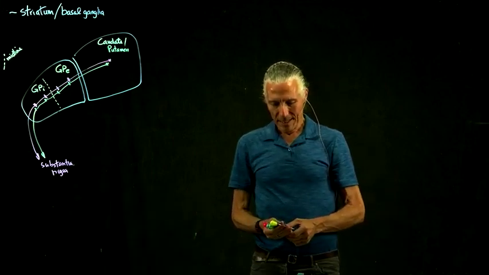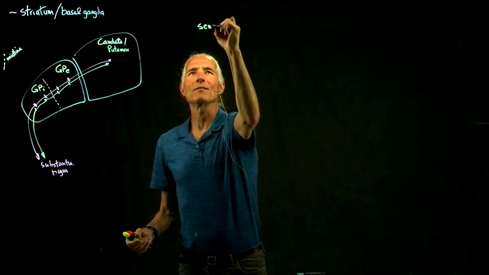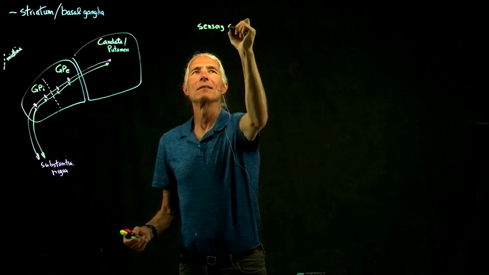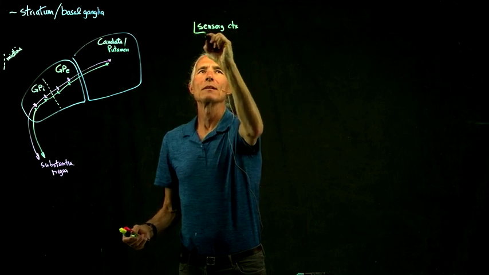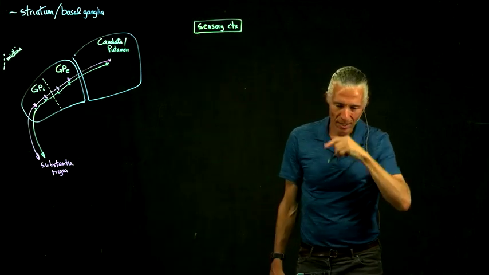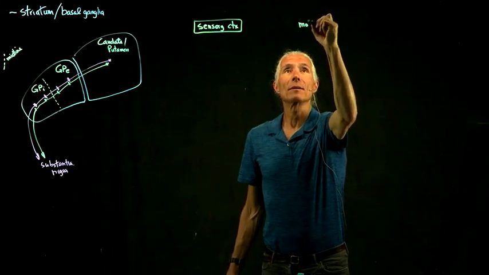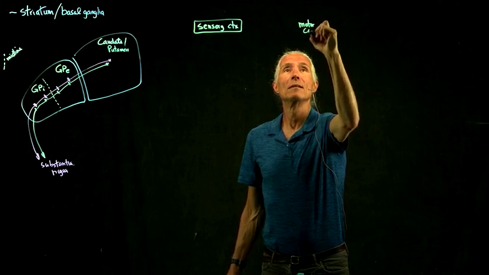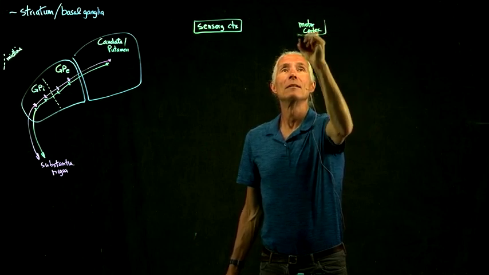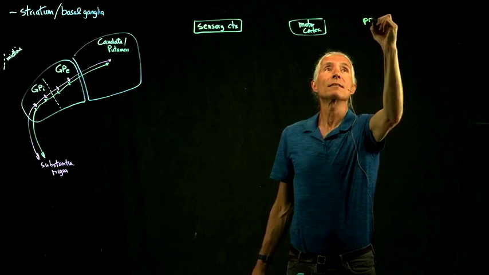Okay, so let's make a nice big diagram, starting with sensory cortex here, and we'll show how the whole eye movement system is worked in here. We've got motor cortex up here, and we'll put premotor cortex here.